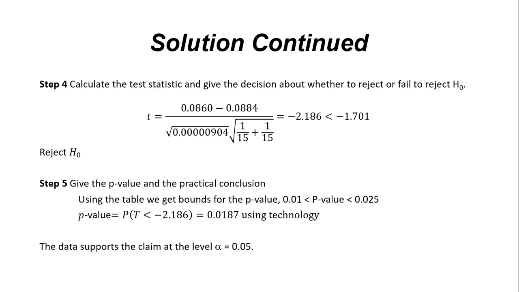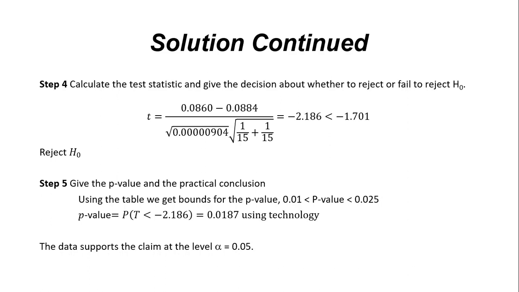Again, good time to pause the video and try to work out this number. You should get minus 2.186. This does happen to be less than minus 1.701, so therefore we would reject the null hypothesis.